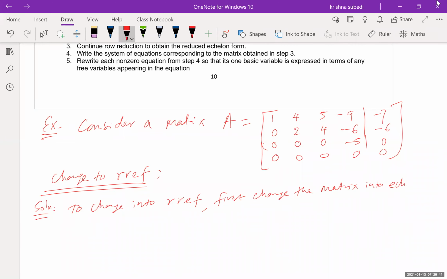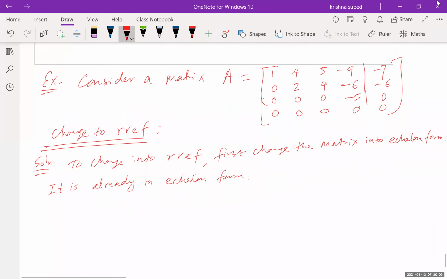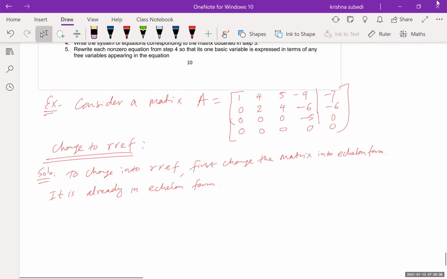But the good news is that this matrix is already in echelon form, right? So that means it satisfies those three conditions.